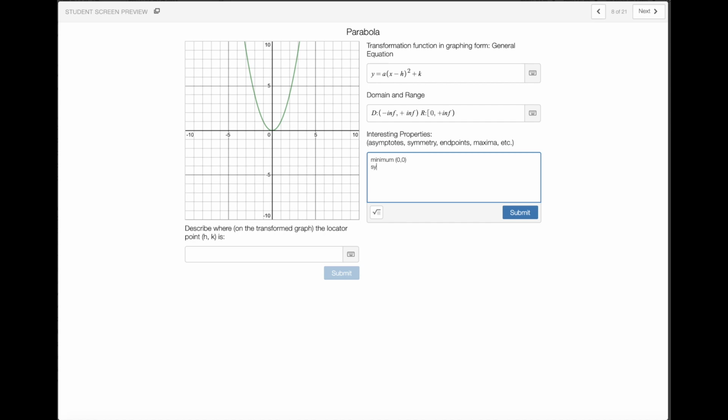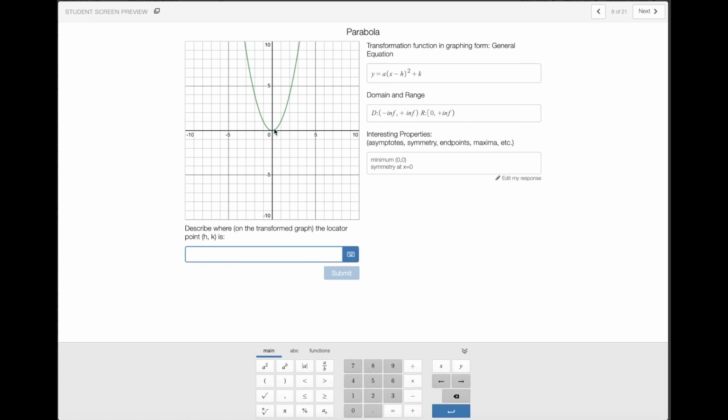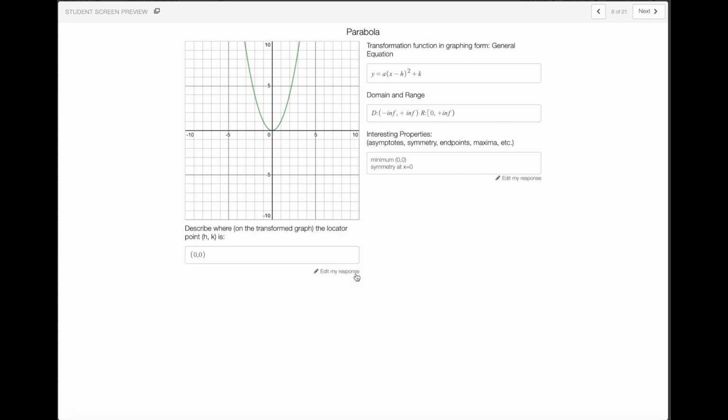I know that it has symmetry at x = 0. Make sure you click submit. And our HK, our very important point, is (0, 0), which is our minimum. And make sure you click on submit so that your teacher can see your responses.